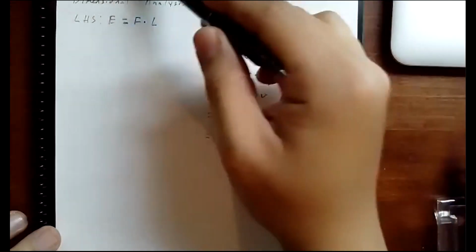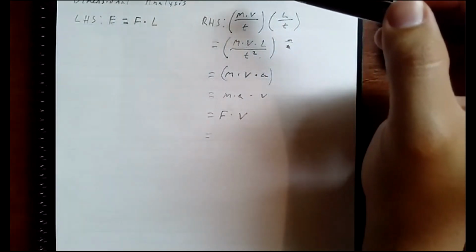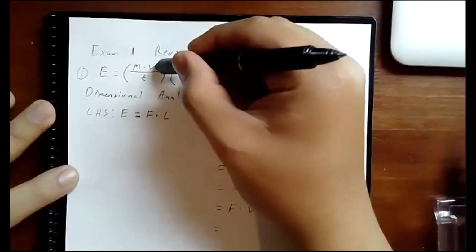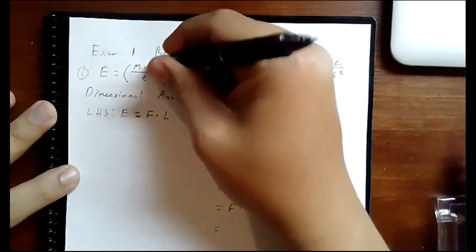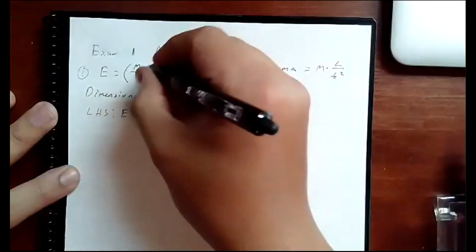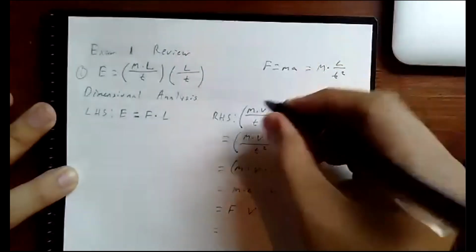Number one, M times V. If it was M over T, we would get MA, which should be F. So this would have to be an L for this to be true. I'm thinking maybe it's messed up. So on your homework, I would change that to L here. That is the only way this would work.